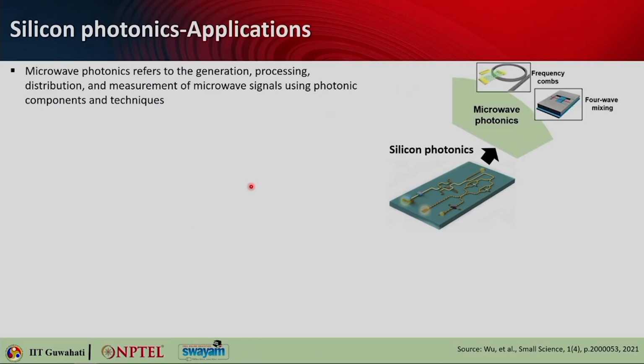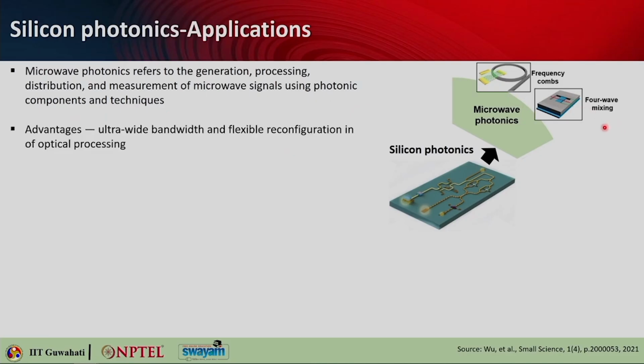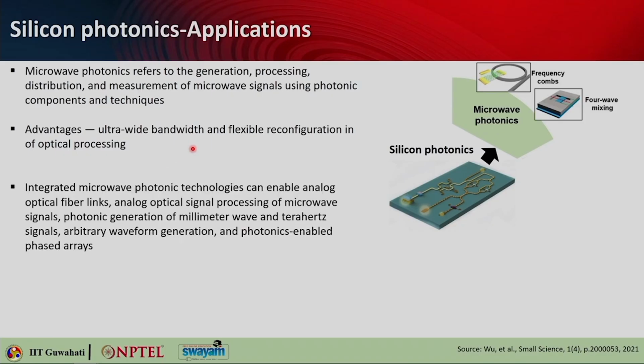You can also think of microwave photonics, which refers to generation, processing, distribution and measurement of microwave signals using photonic components and techniques. Some examples are shown here, like frequency combs and four-wave mixing. So what are the advantages here? They offer ultra wide bandwidth and flexible reconfiguration of optical processing.